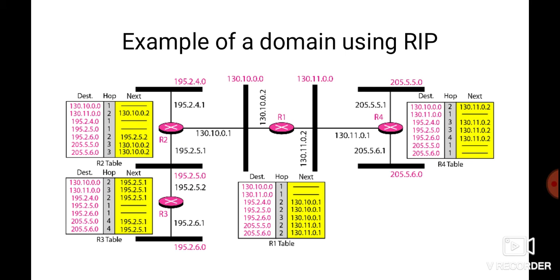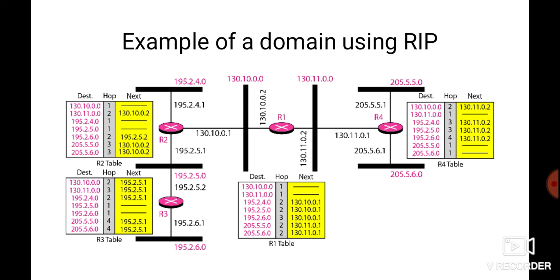This is the scenario of RIP. Let us look at the routing table of R1. The table has 7 entries. We will see how the networks can be reached from one autonomous system to another.